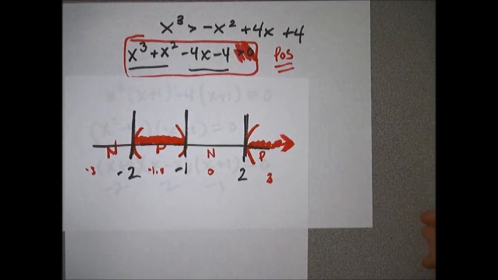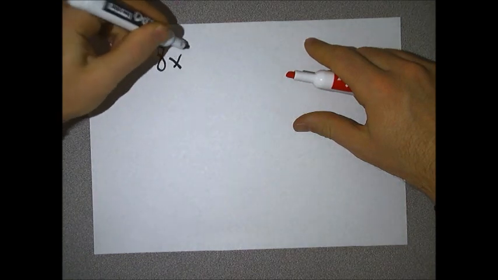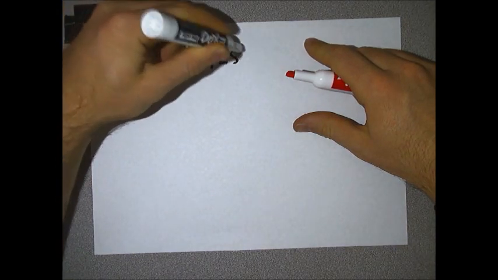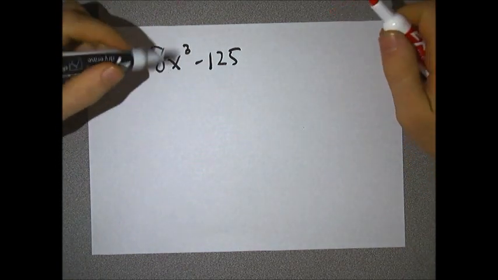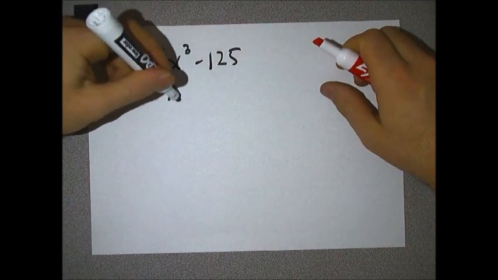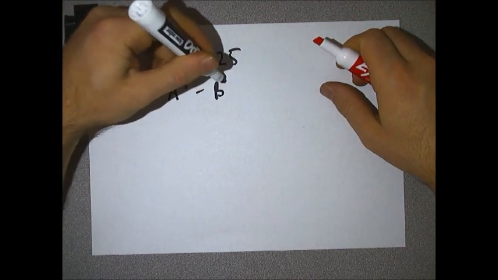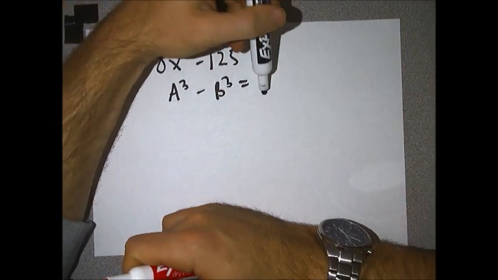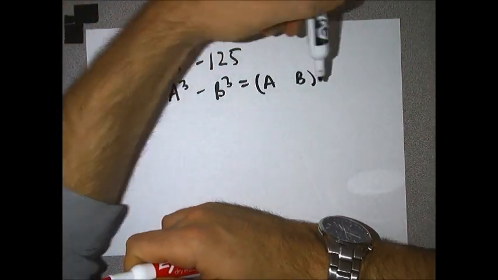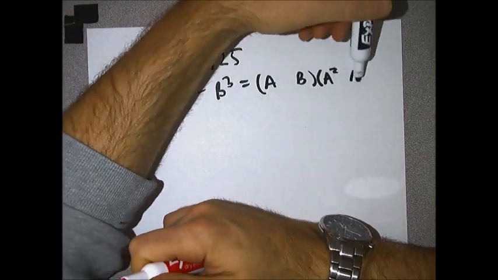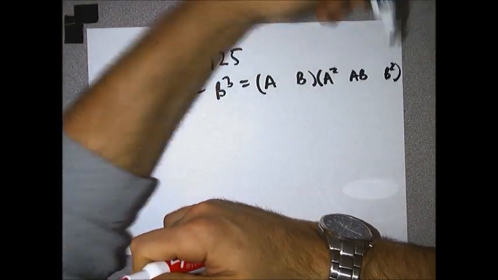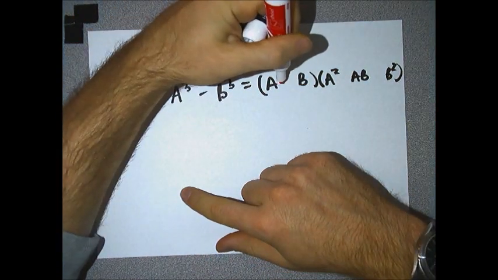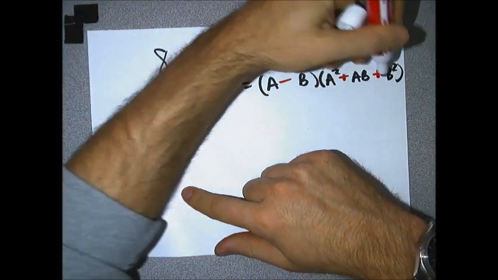Okay. So let's do 8x to the third minus 125. So this is the difference of perfect cube roots. So this is really a to the third minus b to the third. And then the blueprint tells us that this turns into a, b, a squared, ab, b squared, and for minus it goes minus, plus, plus.